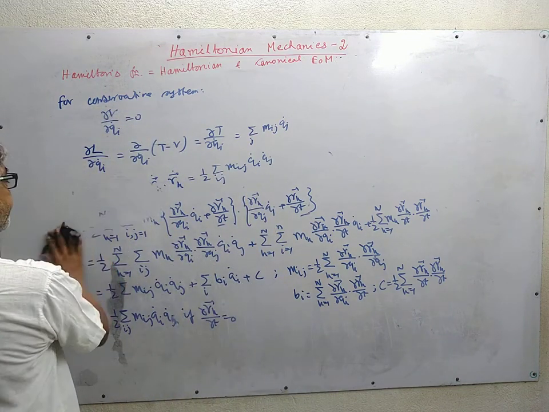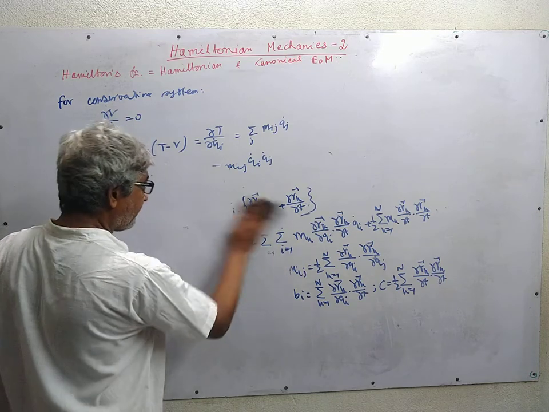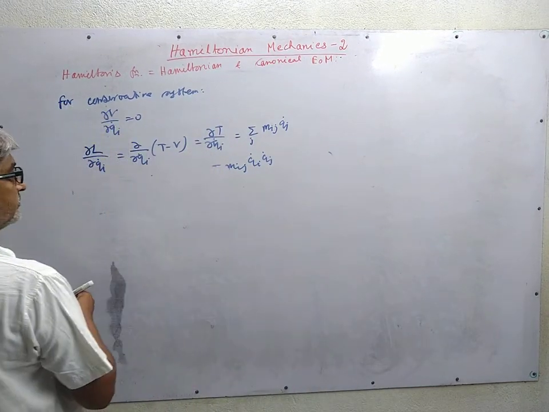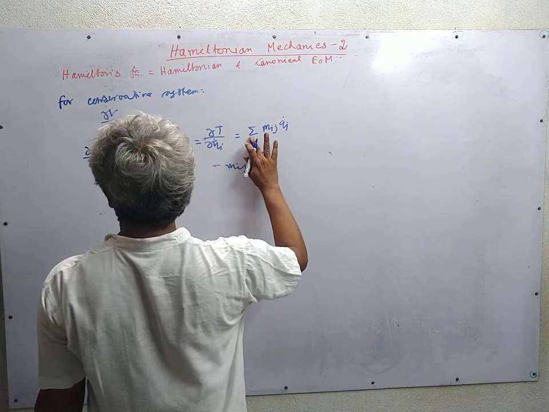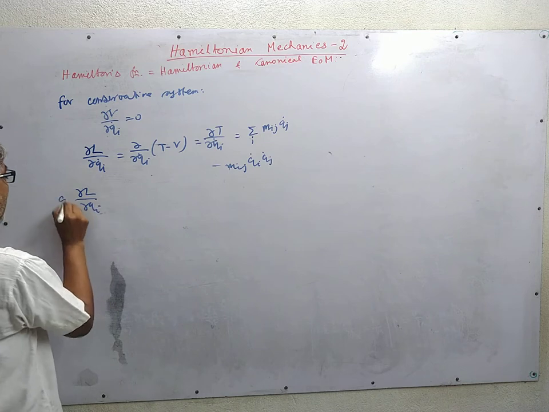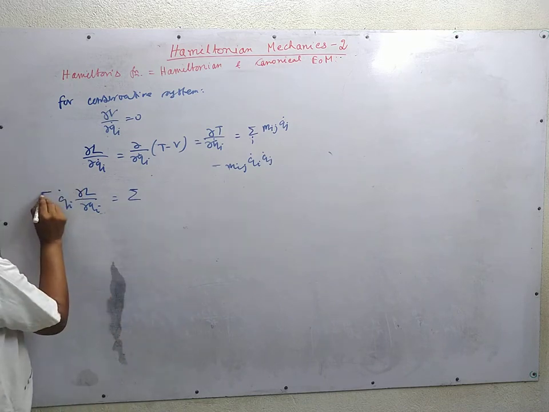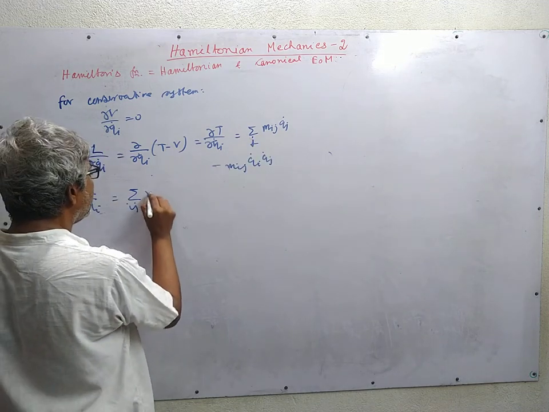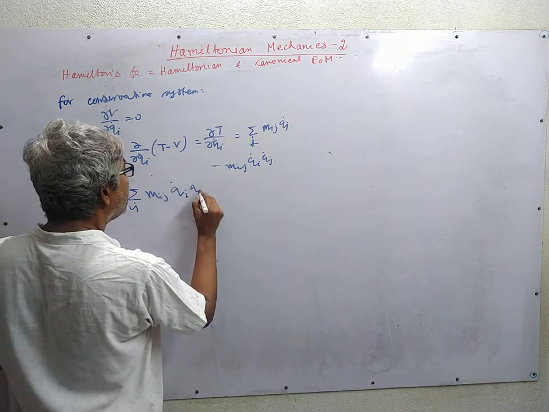So whenever we multiply this by del L del Qi, times Qi dot, what we get is sum over i, and because this is sum over j, we get sum over ij Mij Qi dot Qj dot.